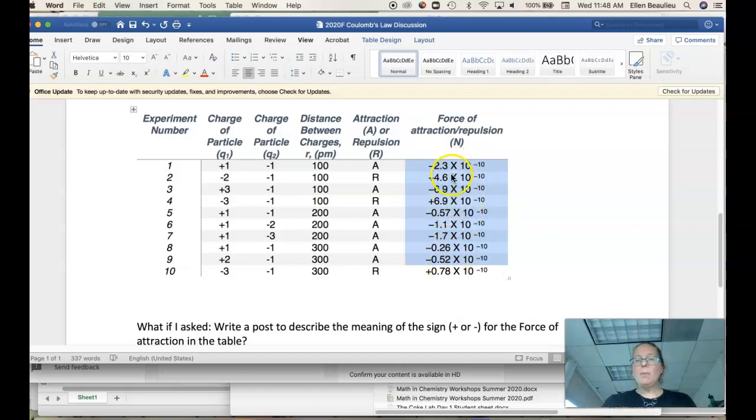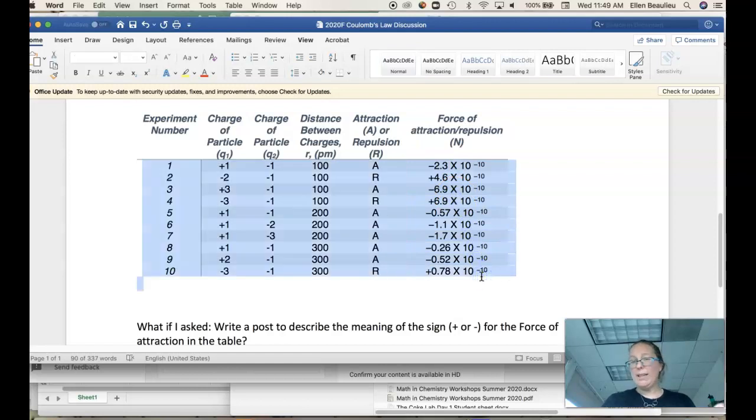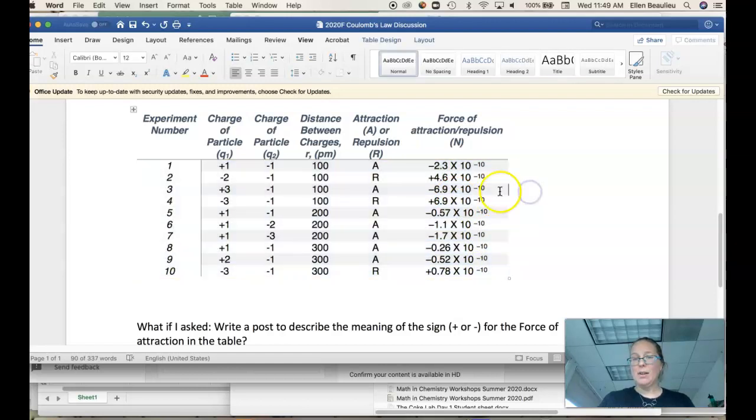So when I'm looking for patterns, I'm going to look at all these numbers. I want to look for 2 numbers that are similar, that differ only by sign. So I'm just going to focus on this force of repulsion column and look for 2 experiments that only differ by the sign.